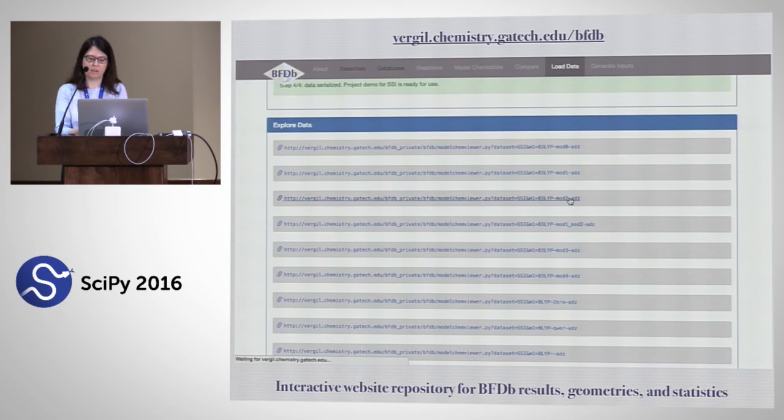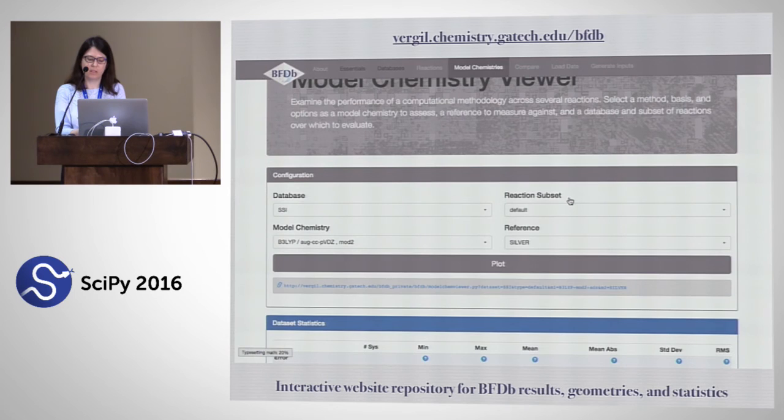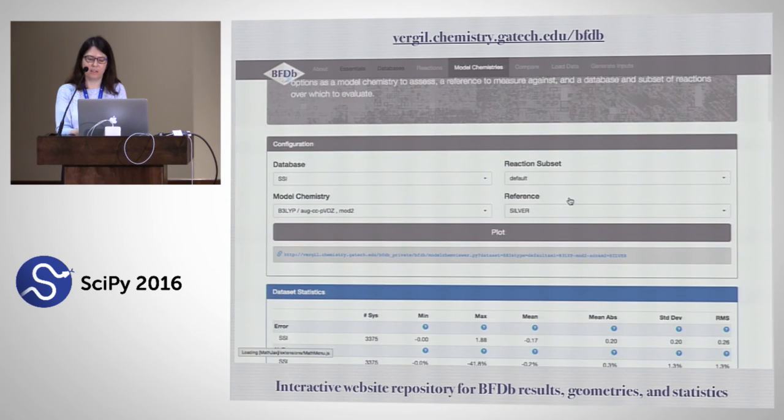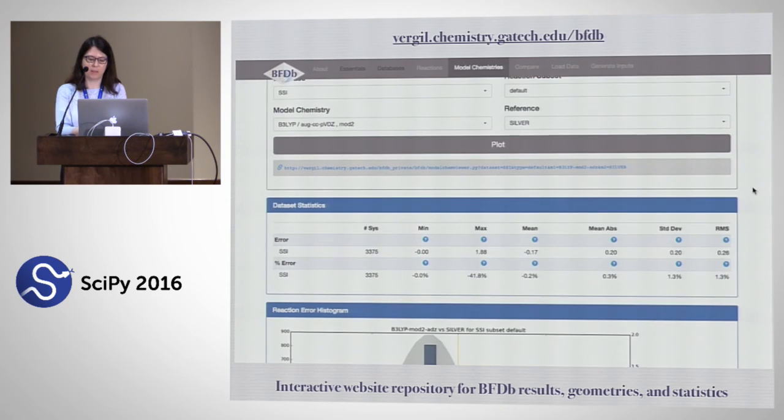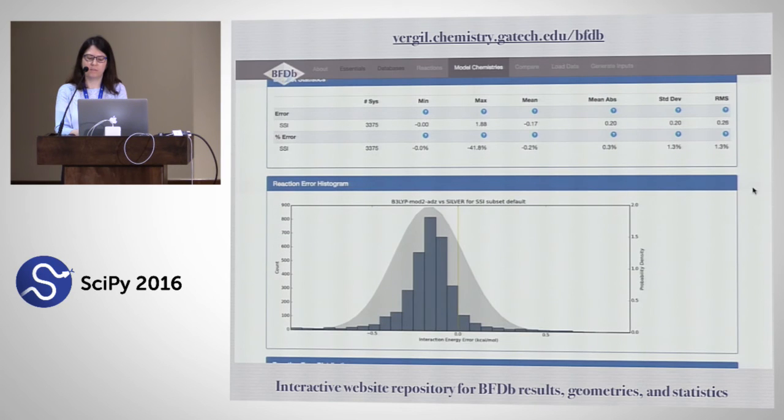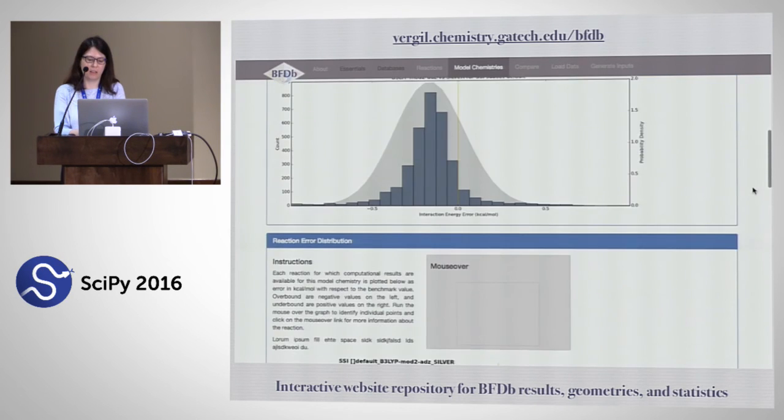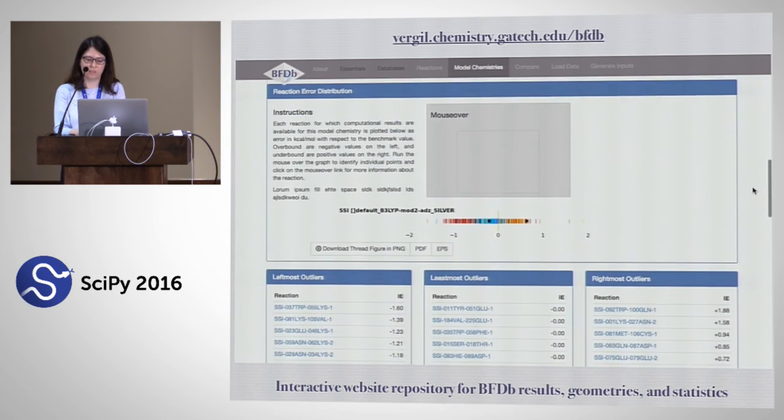And these are links on the website directly to your data. And so your newly uploaded data is now first class and can use all of QCDB's plotting and analytical facilities.